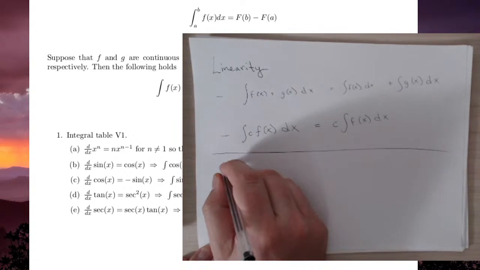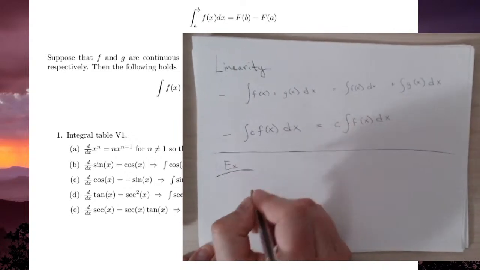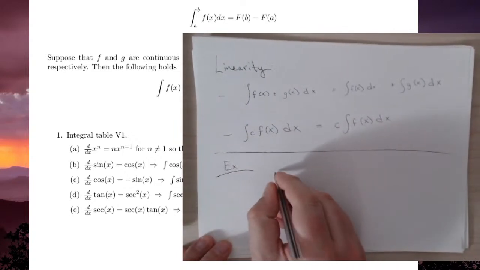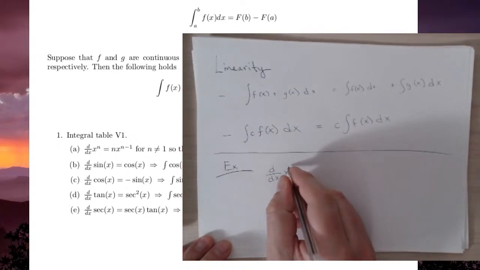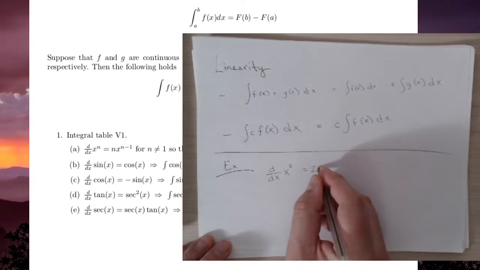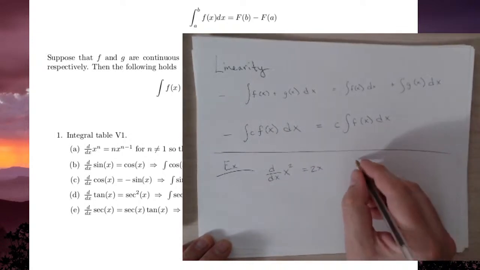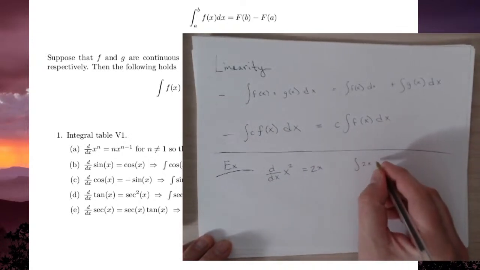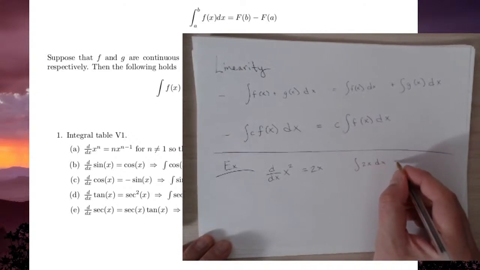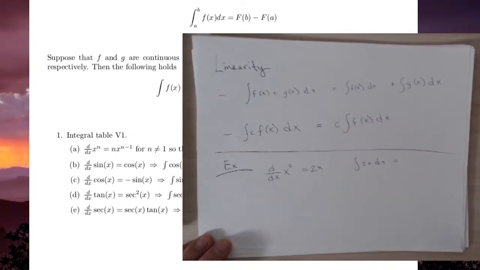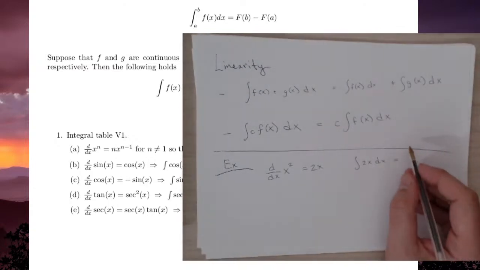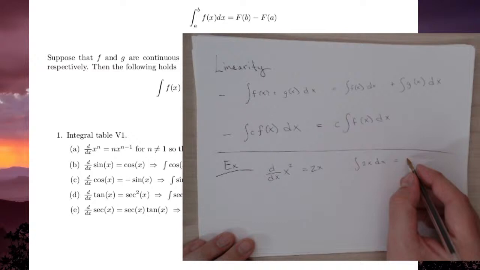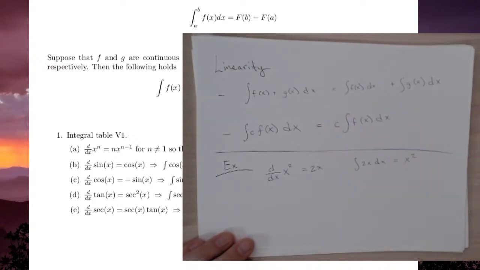But anyway, so let's do an example. Since the derivative of x squared is 2x, it stands to reason that an antiderivative of 2x would be x squared, right?